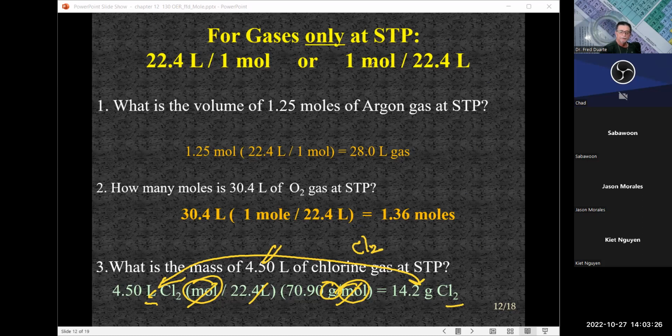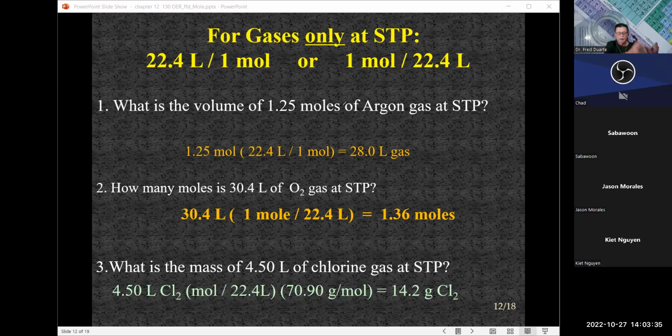And the other takeaway is that we have these conversion factors, these ratios that go from grams of what we're given to moles of what we're given, and then these conversion factors get us to moles of what we're looking for. And from the moles of what we're looking for, we can get now to grams of what we're looking for. Okay, but we've all got to go through moles.